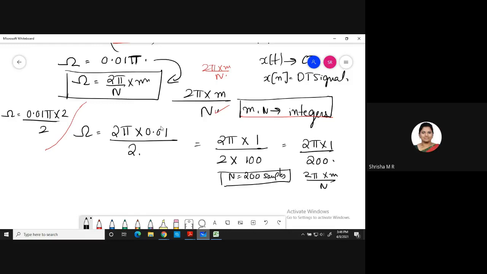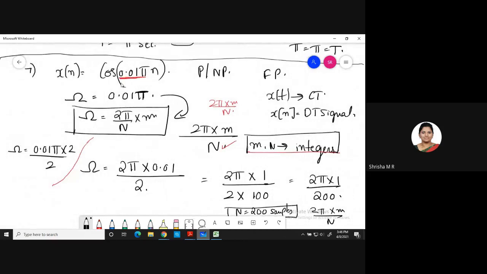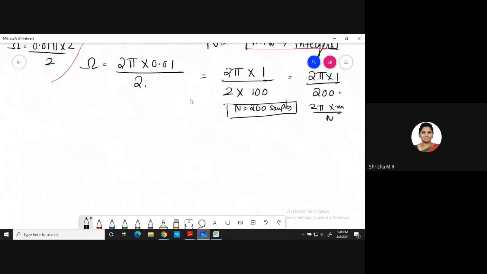Instead of keeping it like that, I want it in integer form, m and n. So I've just modified this. 1 by 100 I have written instead of 0.01. Both are same, right? Good. That's all. So your signal cos 0.01 pi n is periodic with 200 samples, with N equal to 200 samples. Okay, so take down this.